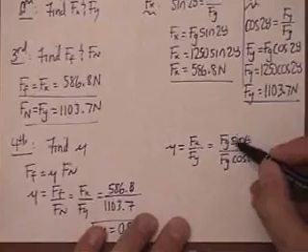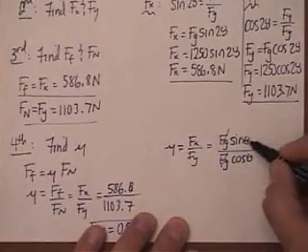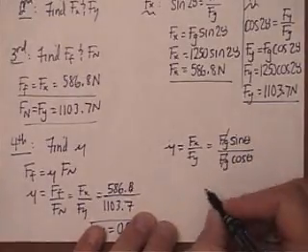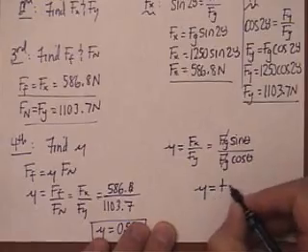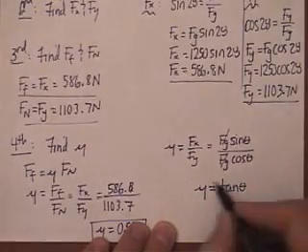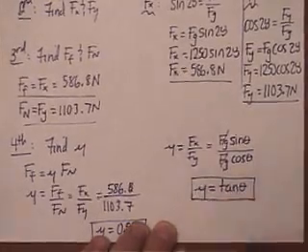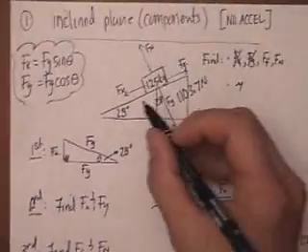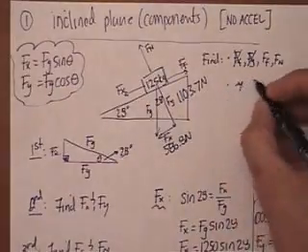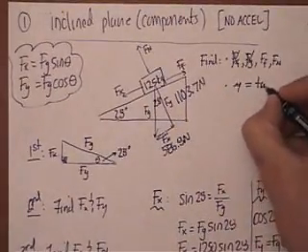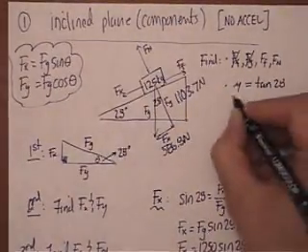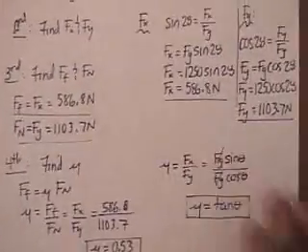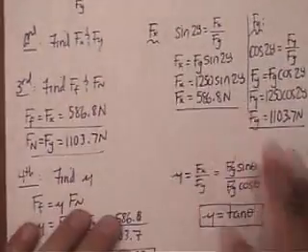Well, your Fg's cancel, and what you're left with is sine over cosine, so your coefficient of friction ends up being equal to tangent of theta. So there is even a shorter form than all this work. If you're asked to find the coefficient of friction here, it is just going to be tangent of 28. And check it out, do it on your calculator. It should equal 0.53. So that is your trick.